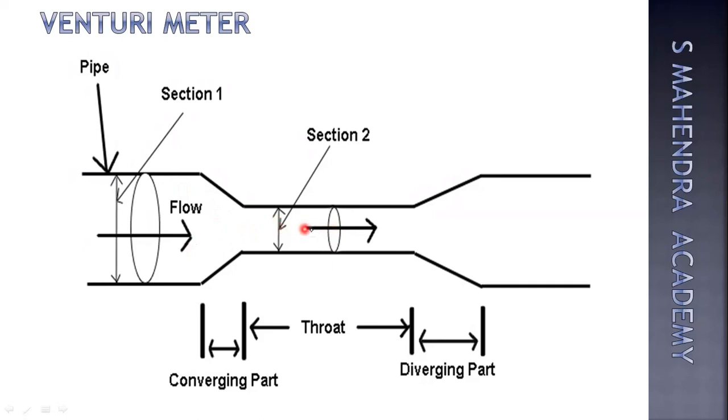After traveling through a cylindrical throat, the fluid diverges into the main pipeline at exit. The angle of converging part is 20 to 22 degrees and the angle of diverging part is 5 to 15 degrees. The reason behind the small diverging angle is to avoid flow separation from the wall.